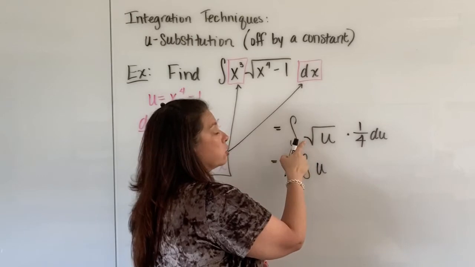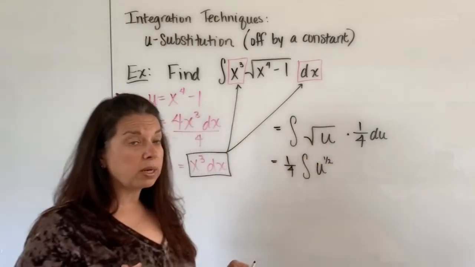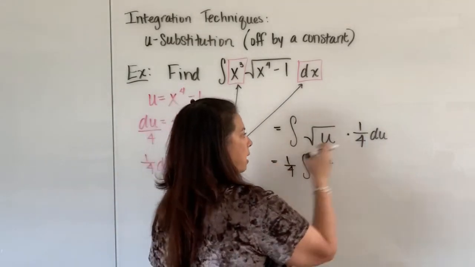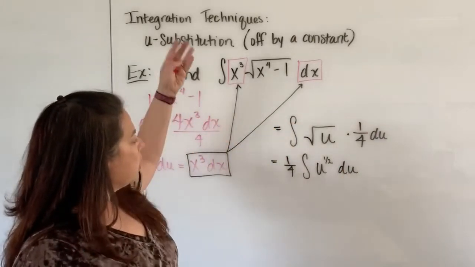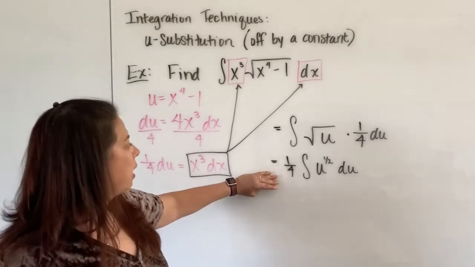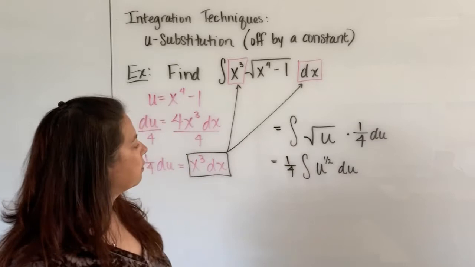So the square root of u is simply just u to the 1/2. That's just a rewrite. Those are equivalent. I moved the 1/4 out already and now just drop down the du. So I have done my u substitution so that now here's what I actually have to integrate. I have 1/4 times the integral of u to the 1/2 du.